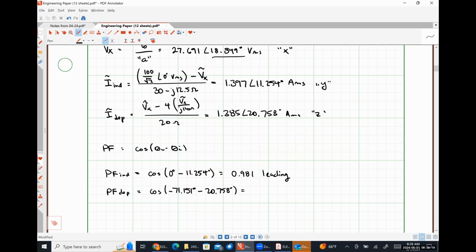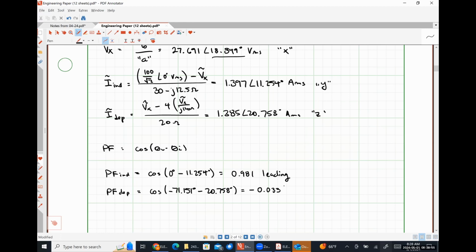And I get negative 0.033. So the negative sign here, all it means is that this source is actually also supplying power. We did all of our calculations for absorbed power, so because we got a negative power factor, that literally just means it's actually supplying power.